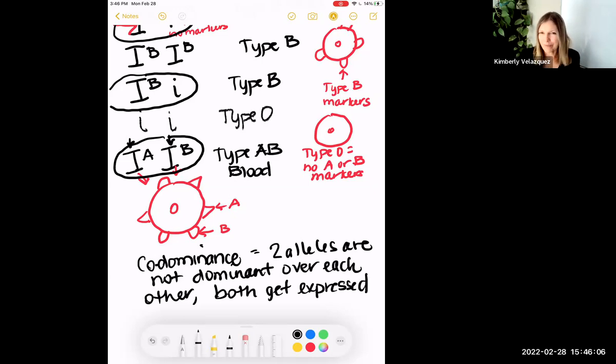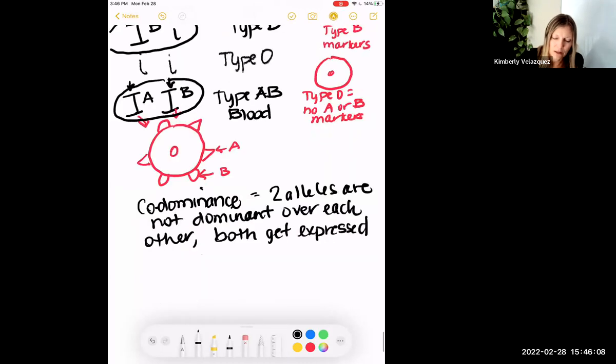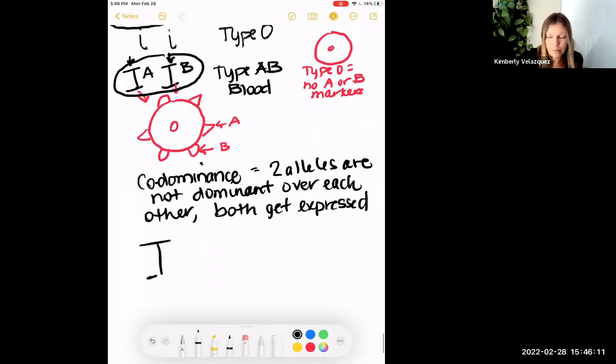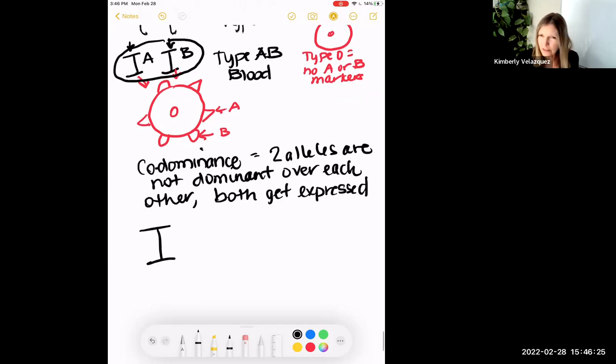Okay, why the big I and little I? Big I is referring to immunoglobulins, and it's because if you have a marker that your immune system doesn't recognize as self, it's recognized as foreign, and you are going to produce antibodies against that blood type.